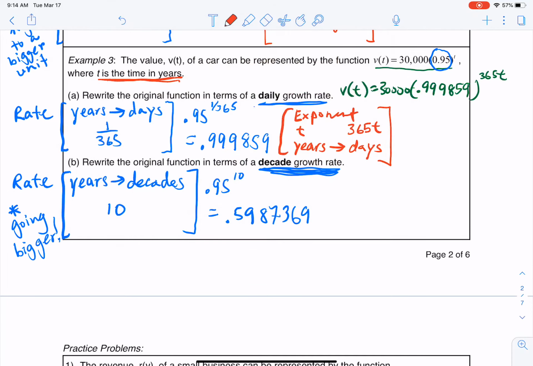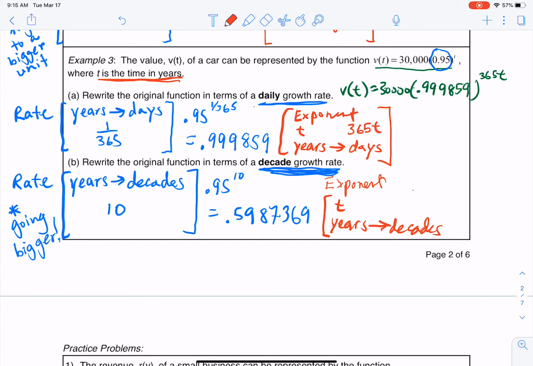All right, so for my exponent, here t originally represented the number of years. We're going into decades. So what does 1 year represent in terms of a decade?